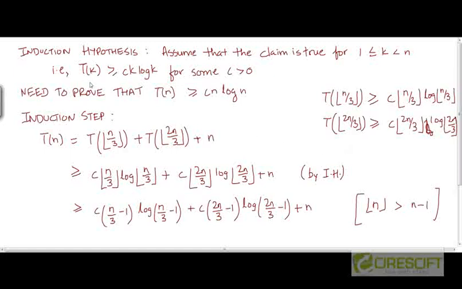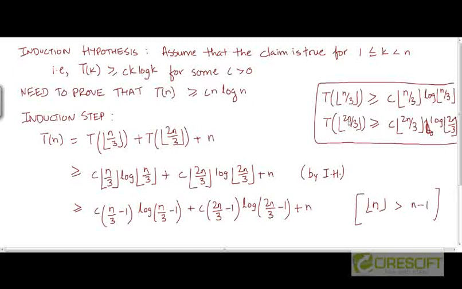So we are saying that for k equal to the floor of n by 3 and k equal to the floor of 2n by 3, the induction hypothesis is true, because these numbers are going to be less than n. And of course they also need to be greater than or equal to 1.